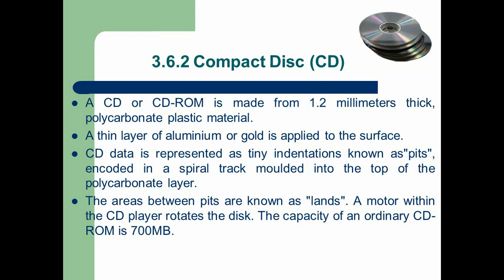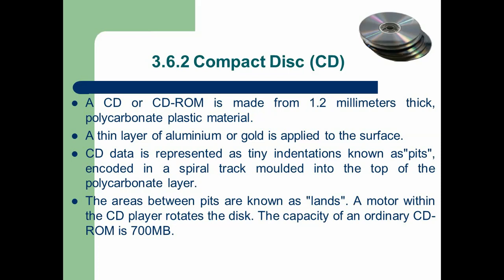When you look at that place after writing the data, you can see many ups and downs. These ups are called lands and downs are called pits, where the data is stored in the form of electrical codes. So CDs are made up of polycarbonate plastic, and for coating this plastic we use aluminum or gold.